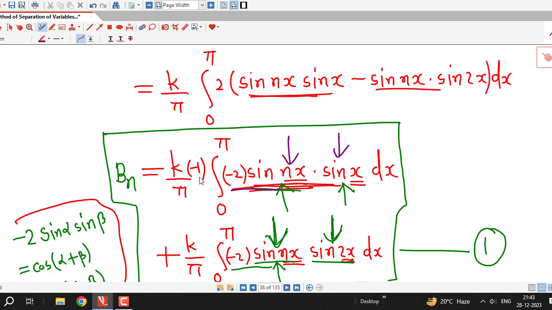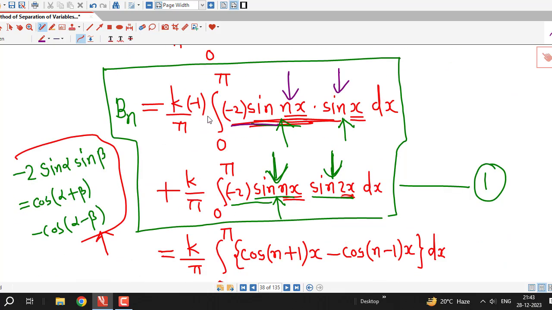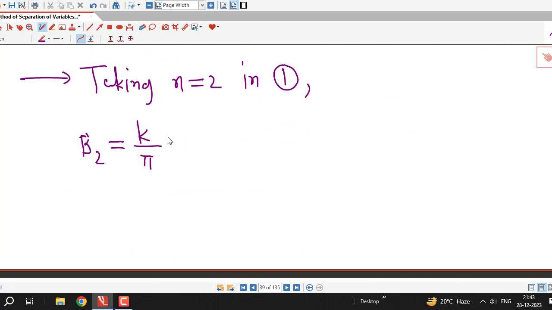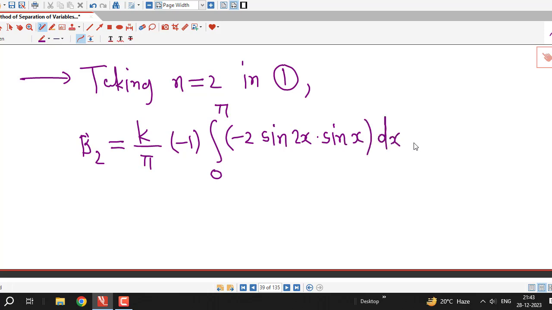I will keep this minus 1 as it is. So minus 1 and minus 2 into sin 2x into sin x. So here I am writing minus 1 outside the bracket, integral of minus 2 times sin 2x into sin x integral with respect to x.